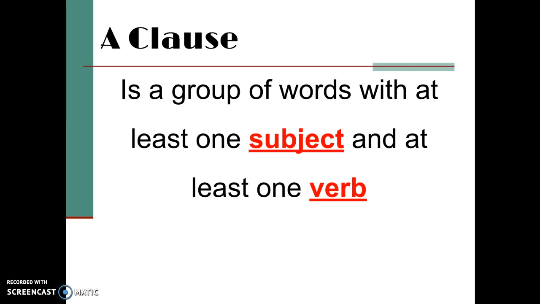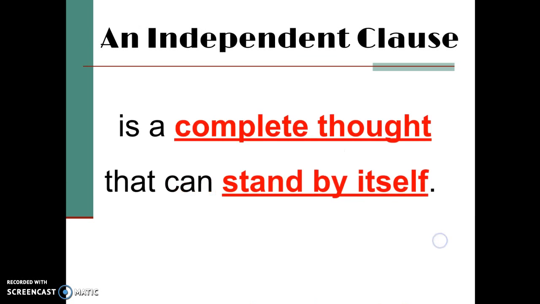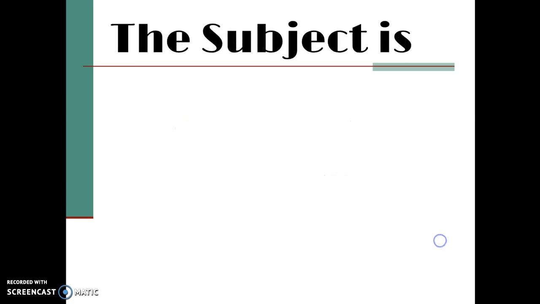There are 2 different kinds of clauses, dependent and independent. We're talking about a simple sentence. It has an independent clause. So it has a subject and a verb, and it's a complete thought that can stand all by itself. It makes sense without any help.